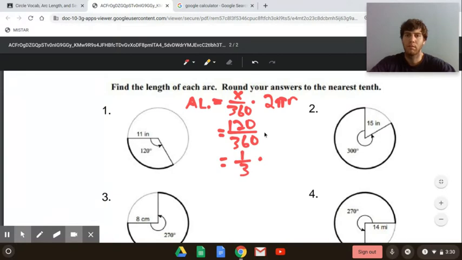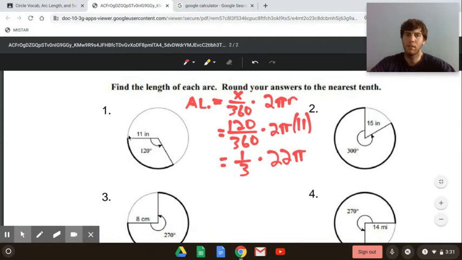And then 2 pi r: 2 times pi, and our radius is 11. 11 times 2 is 22, so that's 22 pi.